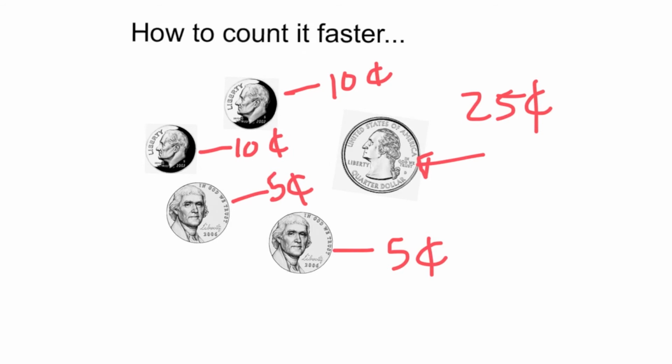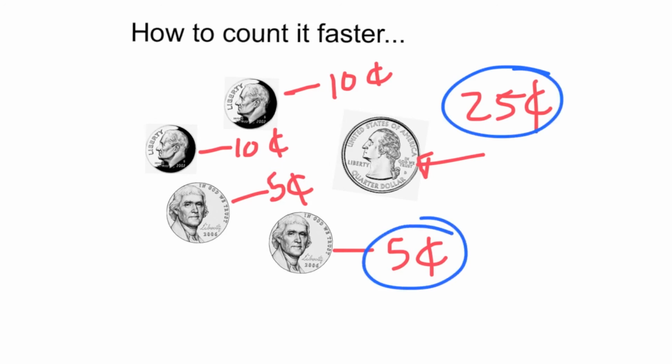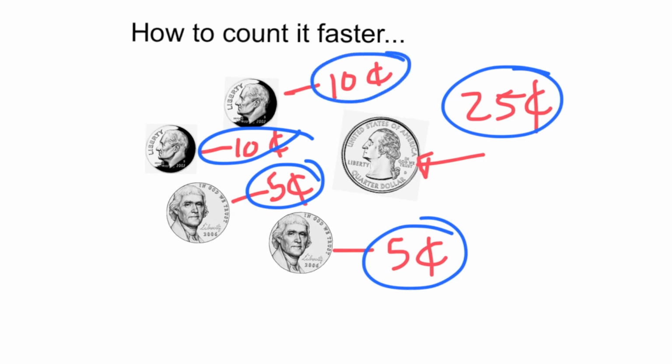So now all I have to do is keep counting up. 25 plus 5 is 30. 30 plus 5 is 35. And now I count by tens. 35 plus 10 is 45. And 45 plus 10 is 55.